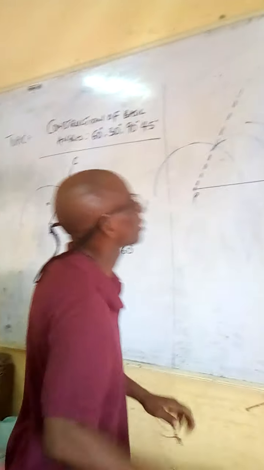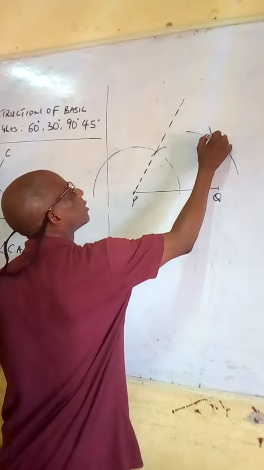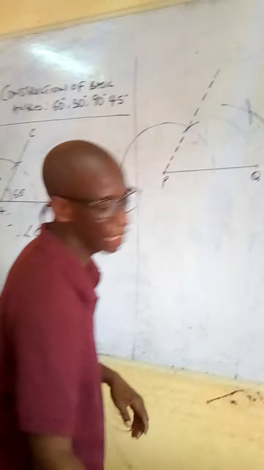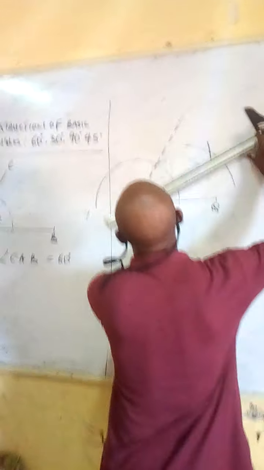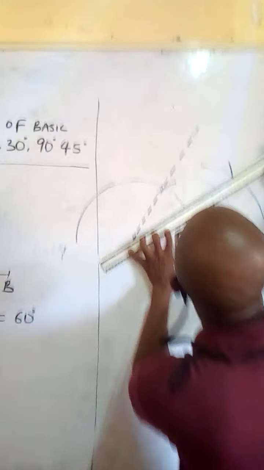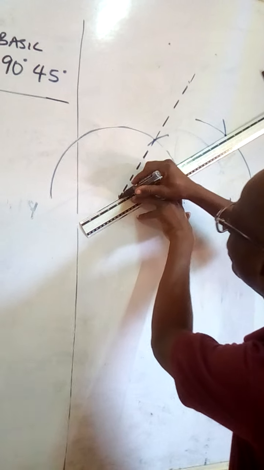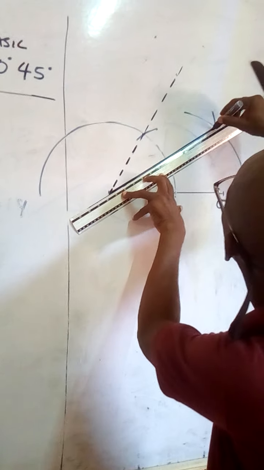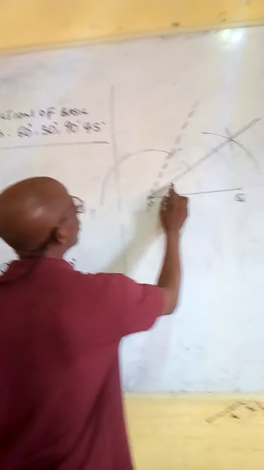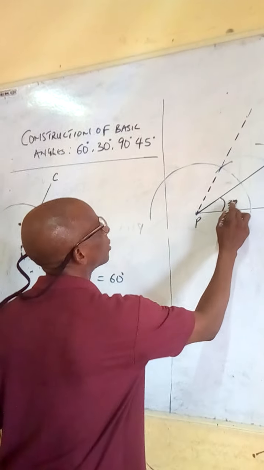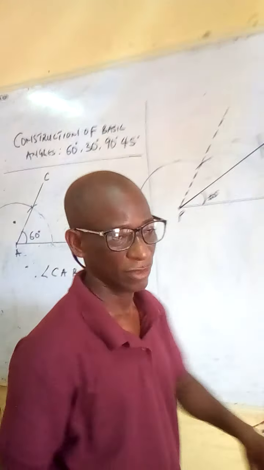So where they intersect, I'm going to draw a line to pass through that. From P, this time my line will be continuous because that is exactly the angle line that I need. So now look at it from here to here. This is our 30 degrees.